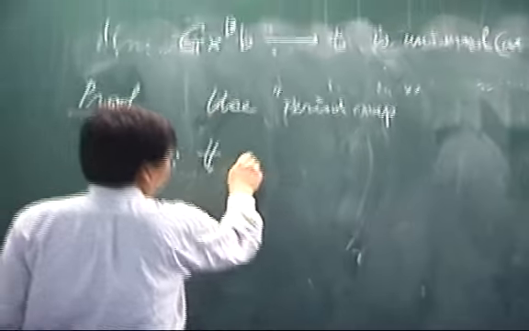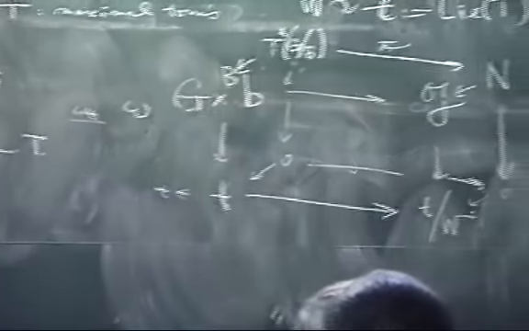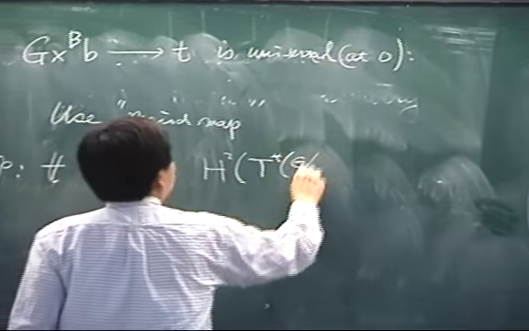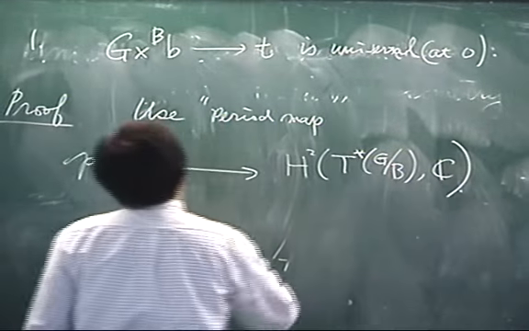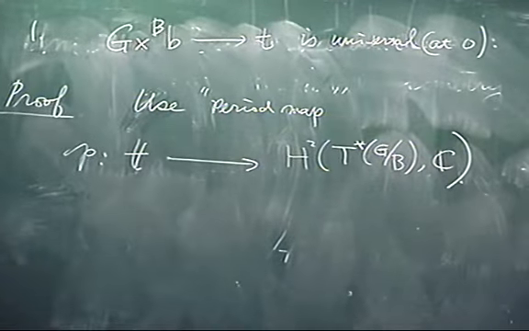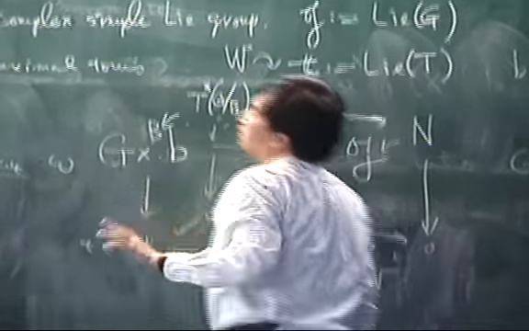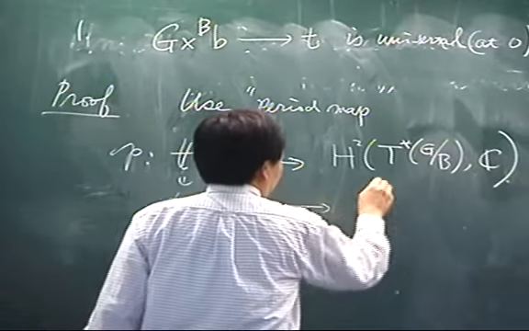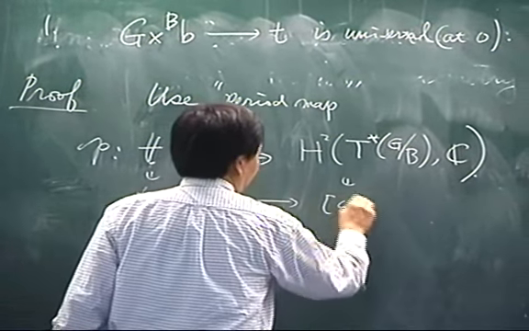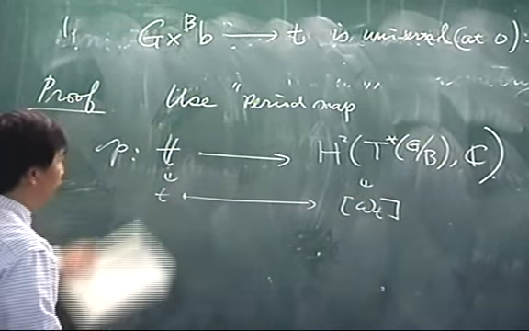So you have a period map from the base space to the cohomology group H2 of T star G mod B, C. This is a C infinity trivial fiber bundle with this typical fiber. So if you take t and then associate its second cohomology class, this gives a period map.